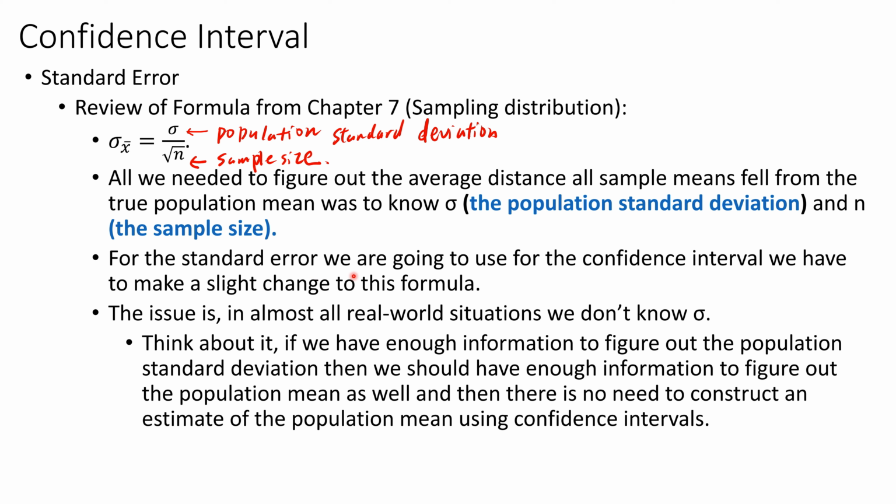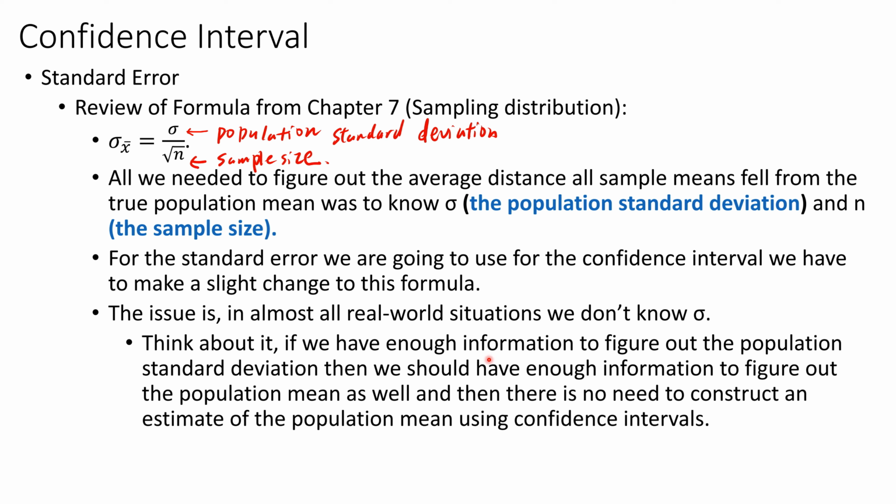For the standard error we are going to use for the confidence interval, we have to make a slight change to this formula. The issue is, in almost all real-world situations, we don't know sigma, the population standard deviation. So we can think about it.